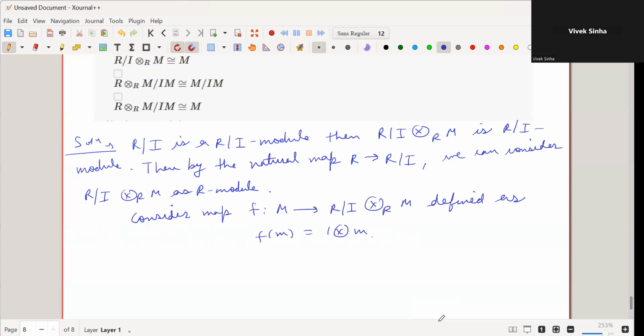Here I is zero in R/I, so one should consider 1-bar tensor m. Then F is R-linear and surjective. You can see easily why it is surjective.